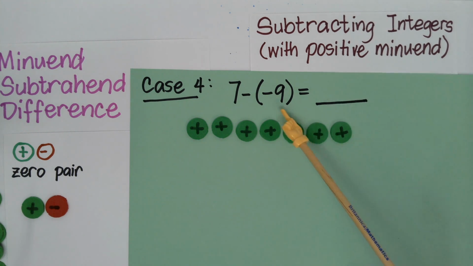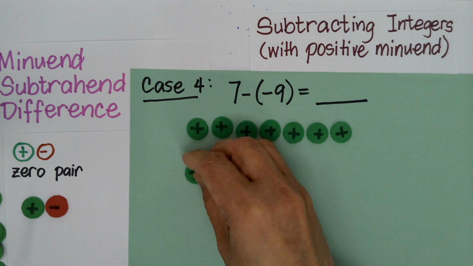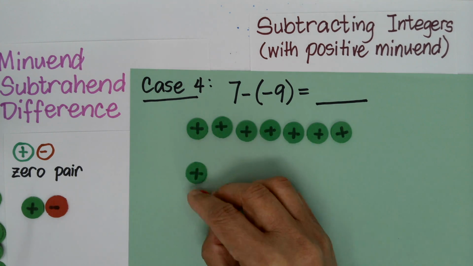And because we want to take away negative 9, but we do not have that at the moment, we need to introduce 9 zero pairs so that we can come up with 9 negative discs.